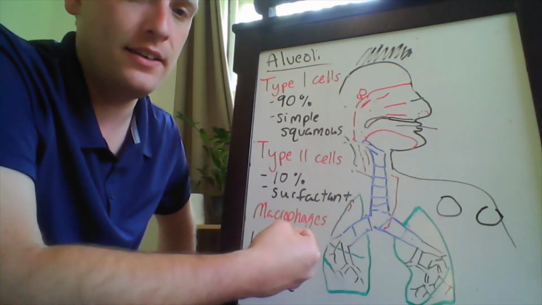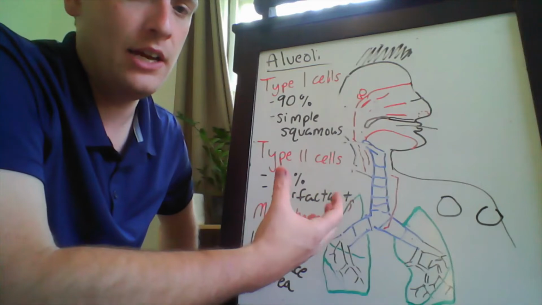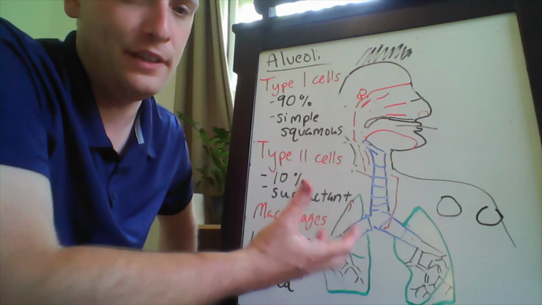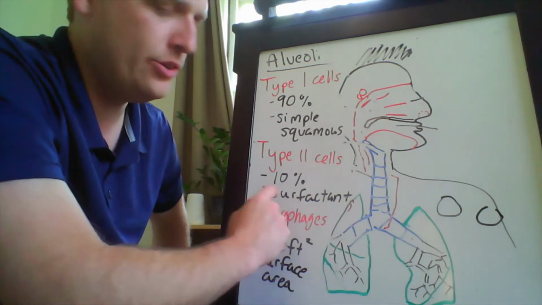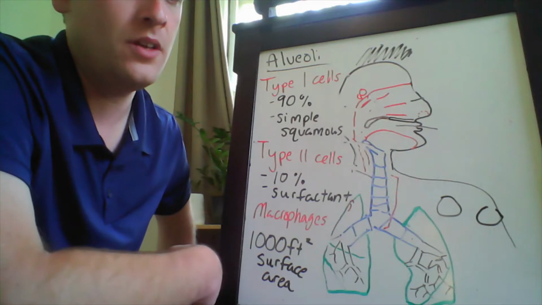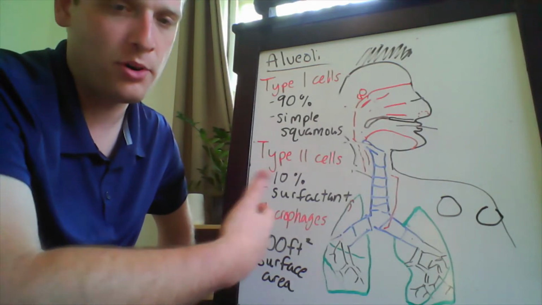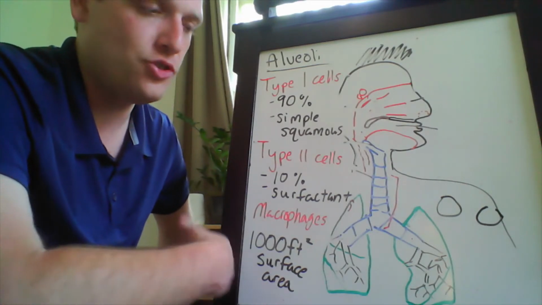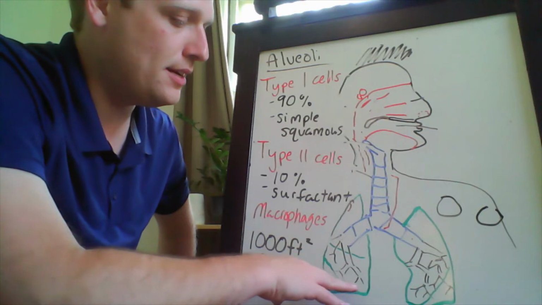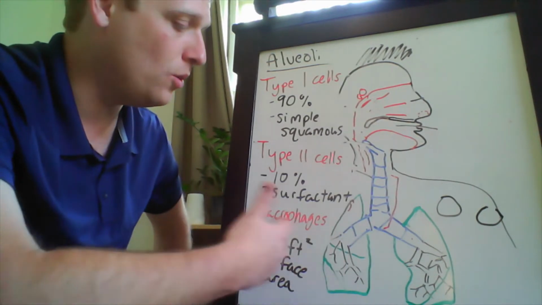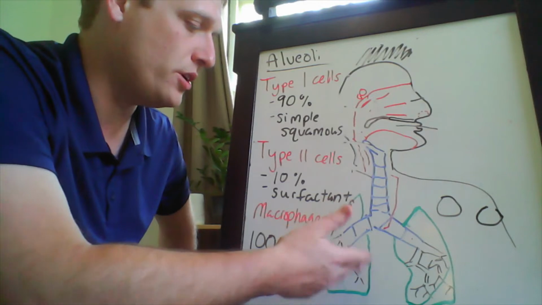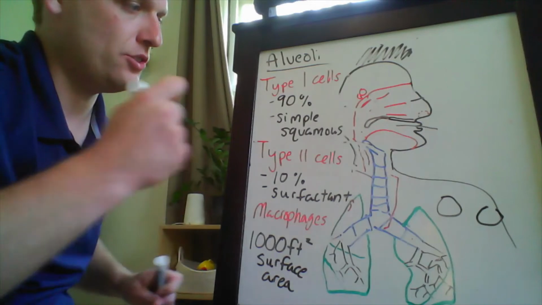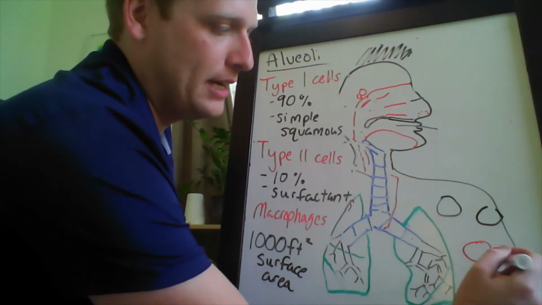So with surfactant, you break up that surface tension, which allows them to fully inflate. You need surfactant to fully inflate your alveoli so that you get a proper amount of gas exchange going on. And another important structure-function relationship is that these air sacs make up a whole lot of the proportion of your lungs. Looking at the structure of alveoli, it looks kind of like a bunch of grapes.